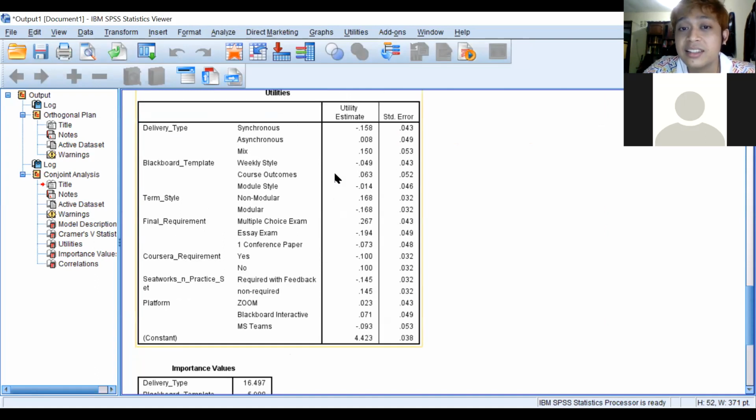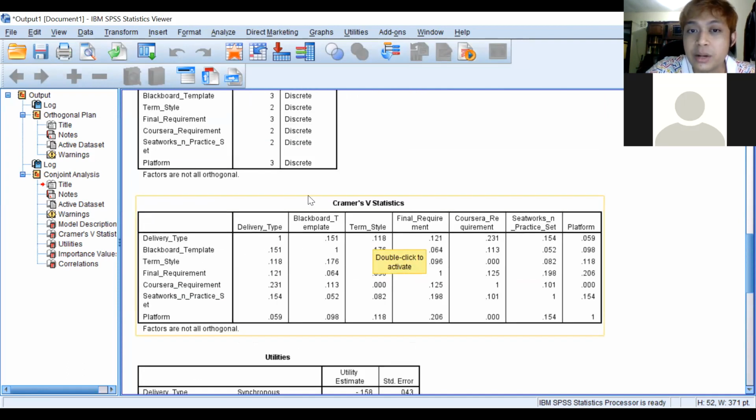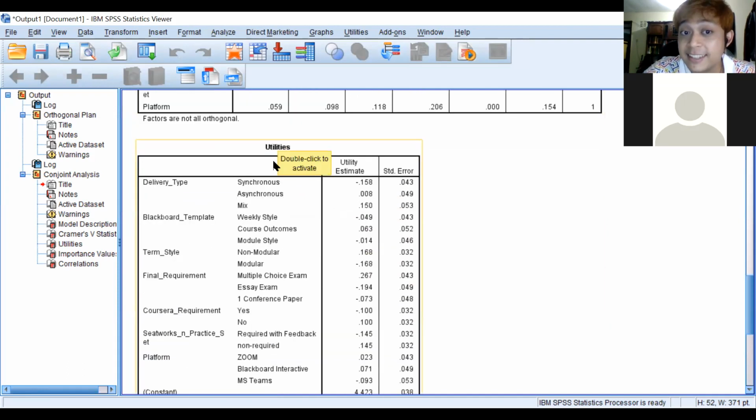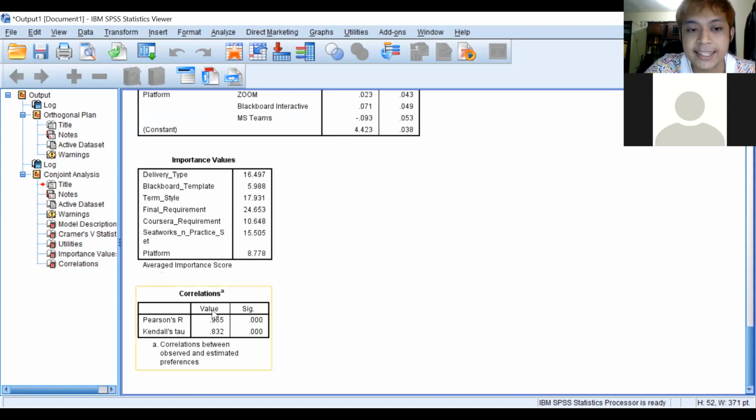This is the importance, and this is the correlation. We don't care about the Cramer's V. We care about the utilities. Utilities is actually the score. Then the importance, and the total will always be 100. And then these correlations show the consistency of the stimulus.